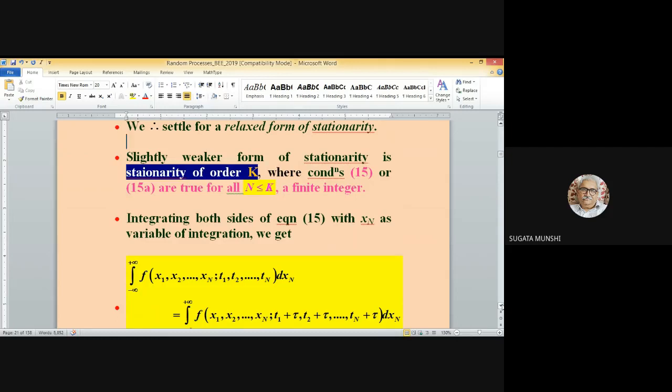Obviously, from your knowledge of joint statistics that you have come across earlier, the integration of the left hand side will result in f of small x1, small x2, small x3 up to small x n minus 1, t1, t2, t3 up to t n minus 1. That will be the result on the left hand side.